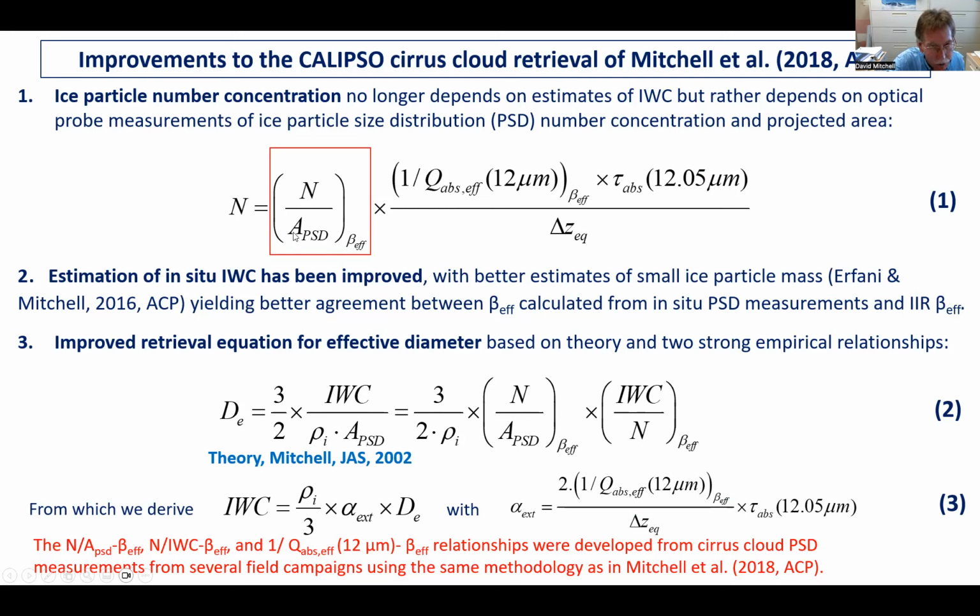So it's the projected area of the size distribution. And this ratio N over A is obtained from in situ data, aircraft data. And I'll go into that later, but that's how we get it, from field campaigns. And we improved the ice water content estimation, and I'll go into that more later.